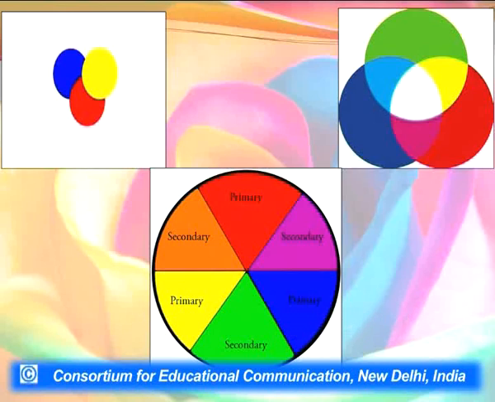So on the left hand side there are 3 primary colors, on the right hand side there are 3 secondary colors, and in the big wheel you can find 3 primary and 3 secondary colors. Primary colors are red, yellow and blue, and secondary colors are orange, purple and green.